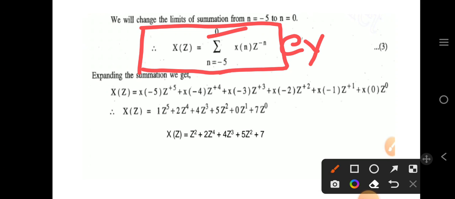The next step we will do is expanding the equation. While expanding this equation, we will take the limits from minus 5 to 0.